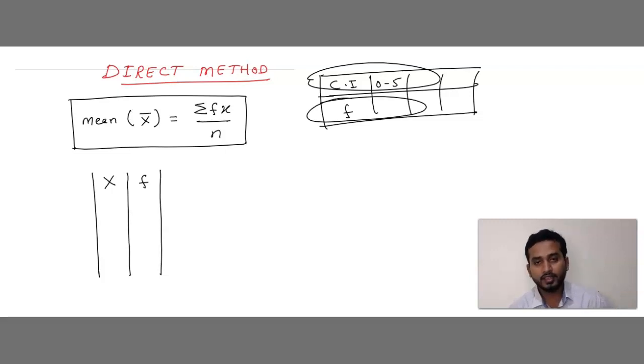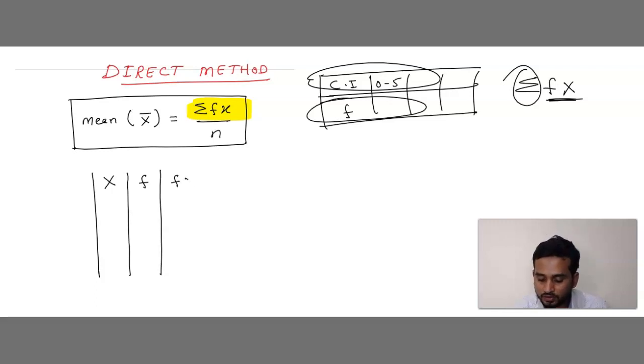X and f. Now see what we have to find in the numerator: sigma fx. Forget about sigma for now. What is left is fx. Write that fx first. It means you multiply these f and x values, and start writing all the products.